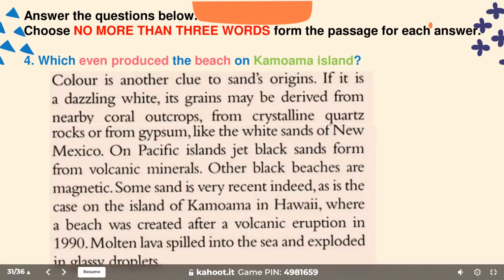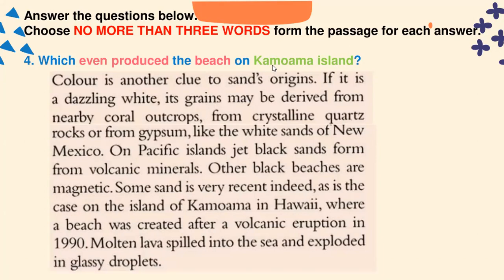Now, if you look here in the paragraph, you will see that we have the date 1990. And you can see that here we have Kamoama Island. Well, this is the name of an island, a place, name of a place. And I told you before that names of places are not paraphrased. We cannot paraphrase Abu Dhabi.